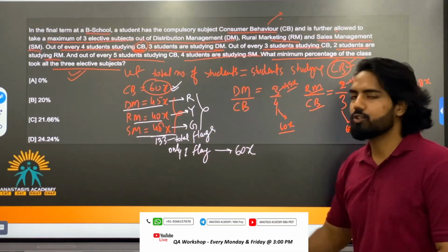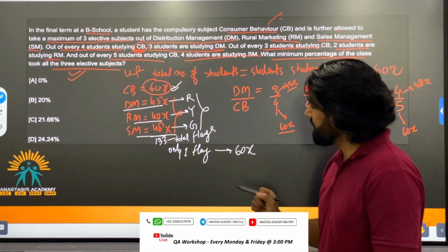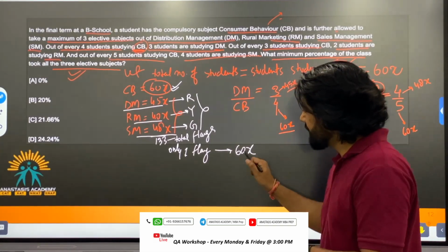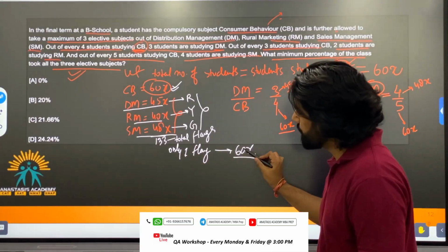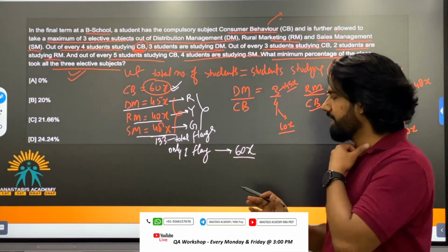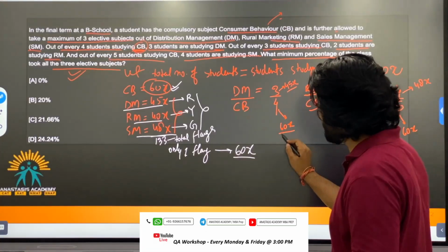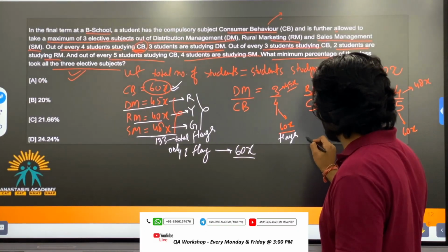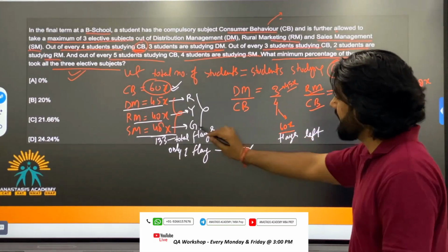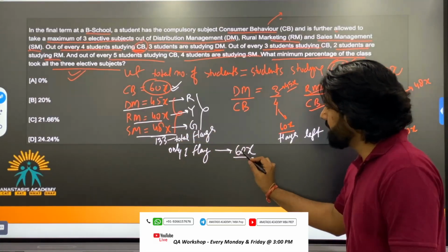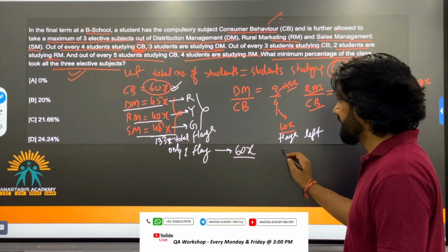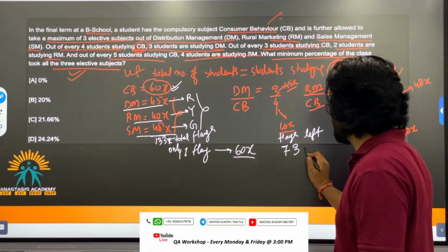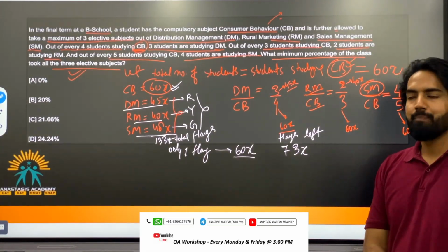Out of these, I have given one flag each to 60x students, so these students have one flag each. How many flags are left? 133x minus 60x, that is 73x flags left.